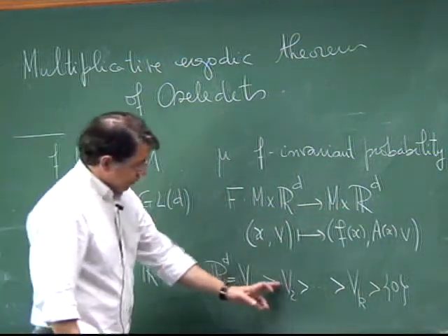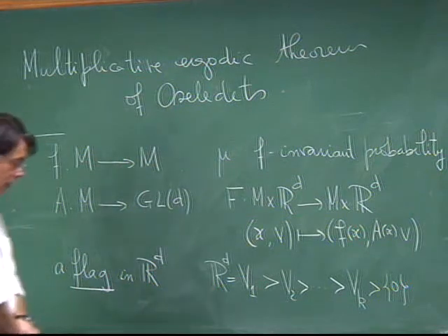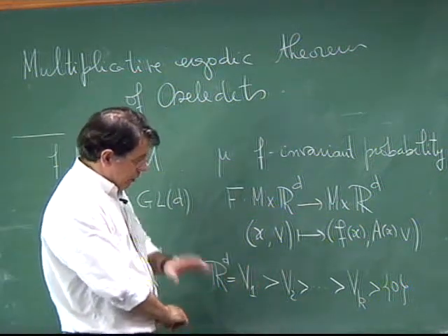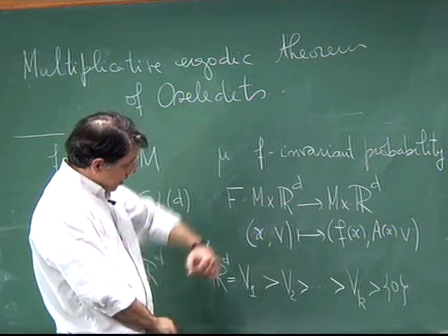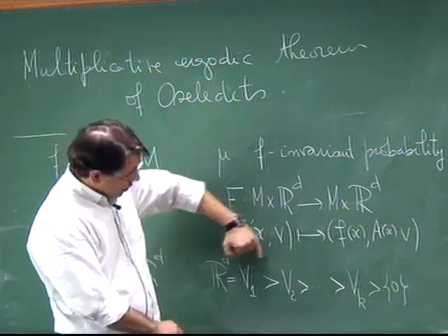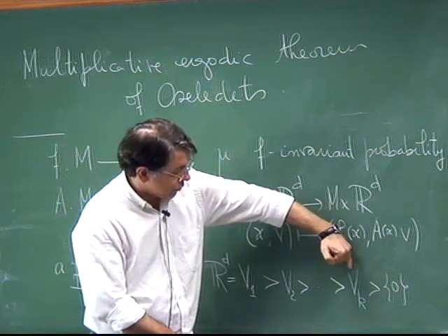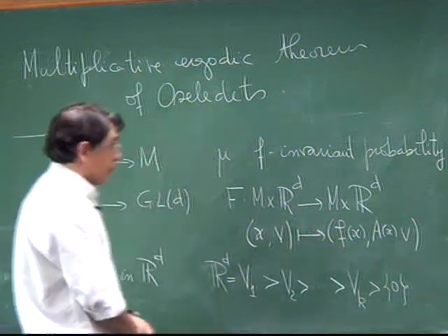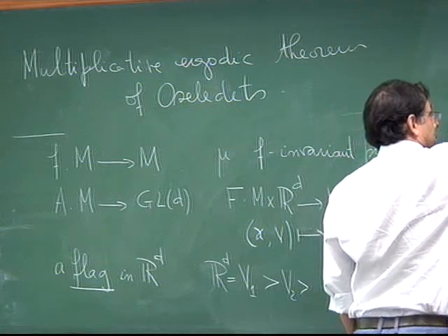Each subspace is strictly contained in the previous one. In principle, the dimensions can be any as long as they are decreasing. We say that the flag is complete if this space has dimension d, this one has dimension d minus 1, d minus 2, etc., all the way up to dimension 1. But here I'm not assuming that the flag is complete.